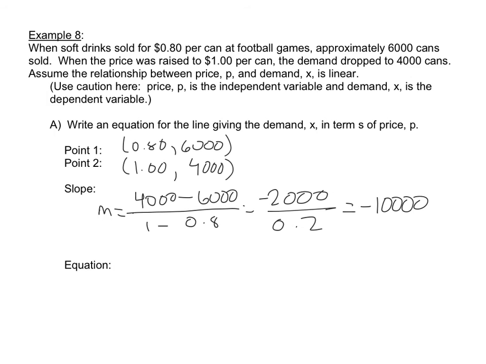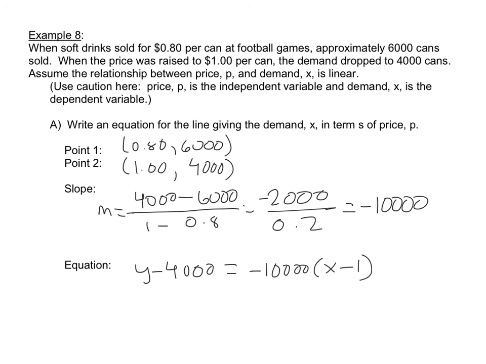So then our equation would be, and I'm going to use this point here because it's whole numbers, y minus 4,000 equals negative 10,000 times x minus 1.